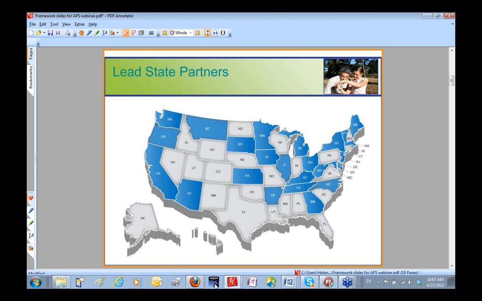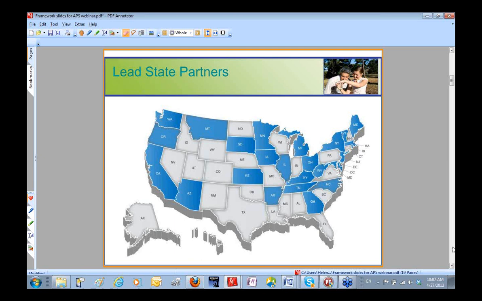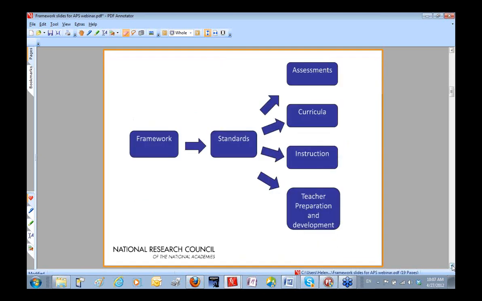So if you're in one of these states and you want to know more, talking to your state team is the way to find out more. It's also a process which is trying to help the states think about what to do to be better organized for when these standards are available and states start to decide whether or not to adopt them.